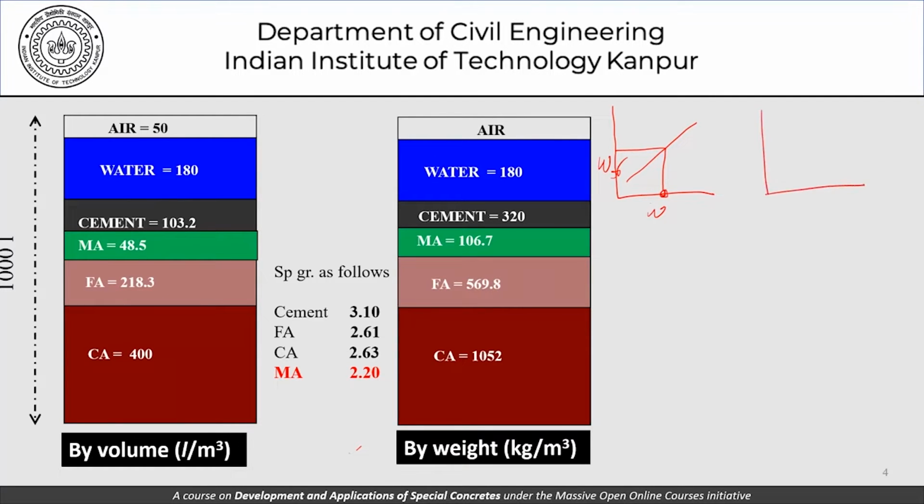We had a similar discussion for strength versus water cement ratio. This relationship was known to us for a given strength. We know the water cement ratio, and therefore, knowing the water content from here, we know the cement content. We calculate the cement content by mass, convert that to volume using the specific gravity of cement.